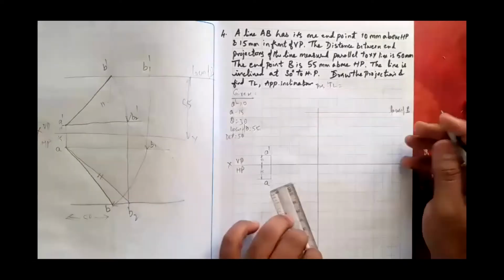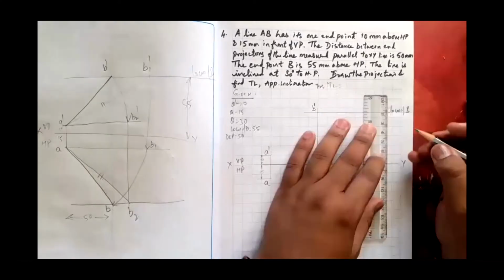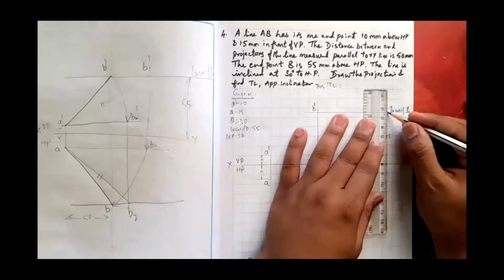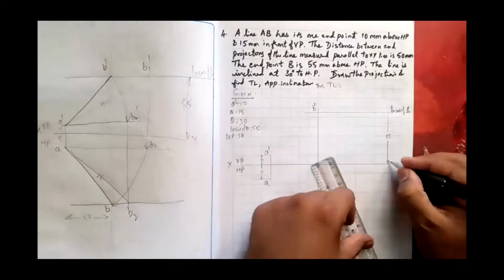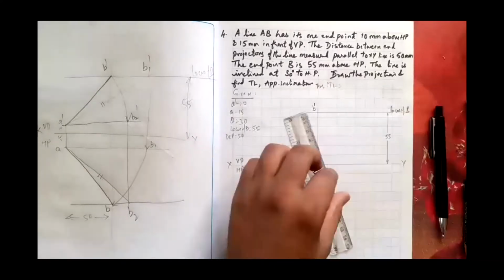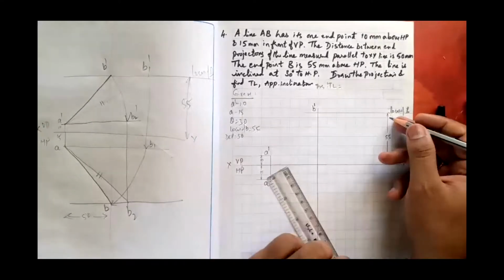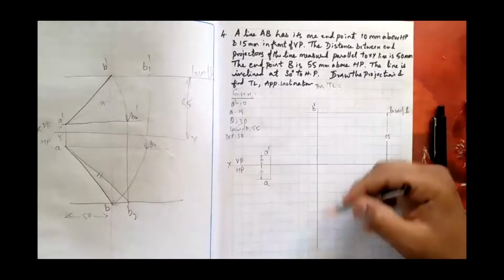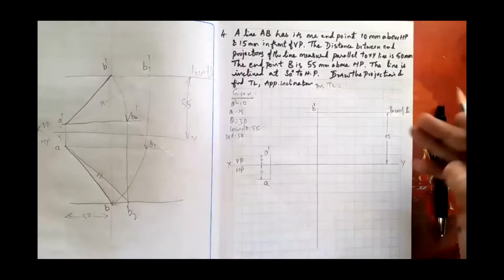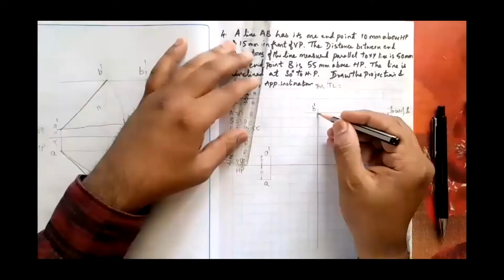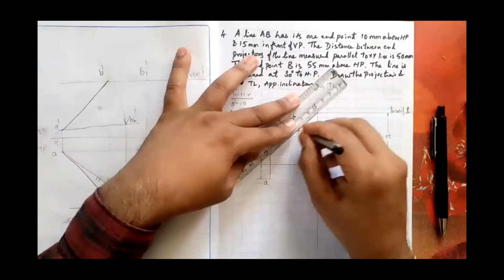Directly I have got this position, which is nothing but B dash, because this is 55. Beyond this, there is no endpoint of the line, so this is the maximum position. B1 dash will lie somewhere here. Distance between end projectors is always from A dash A and B dash B. So when this line is known, and your locus of B is also known, then this is the B dash location. So directly I'm going to join this A dash and B dash, which is the front view. Directly I got the front view.